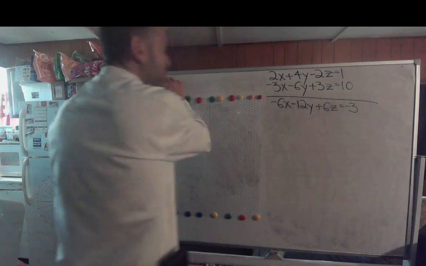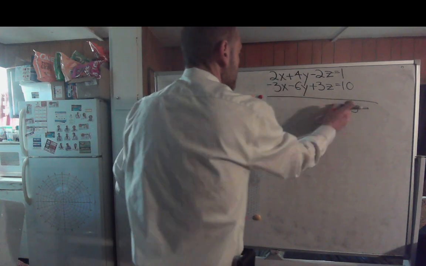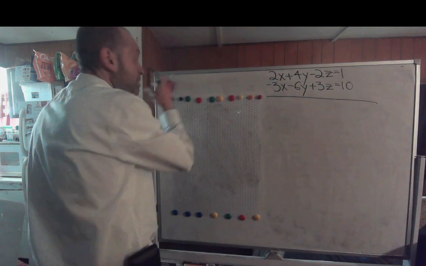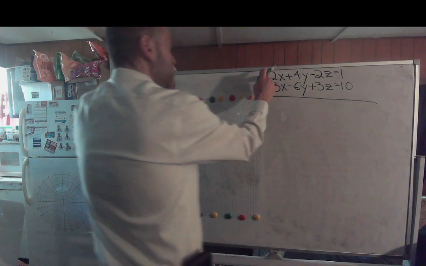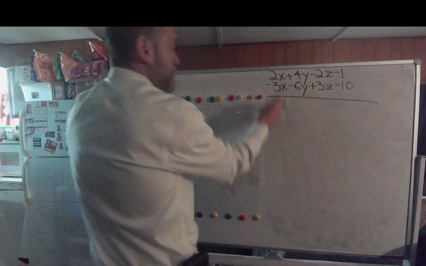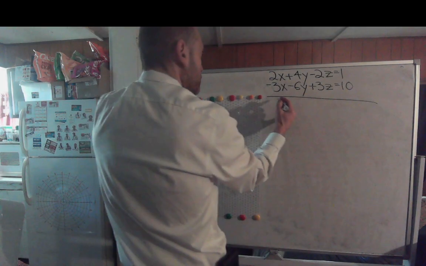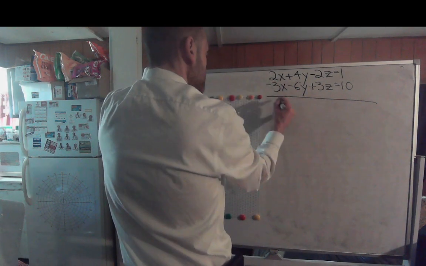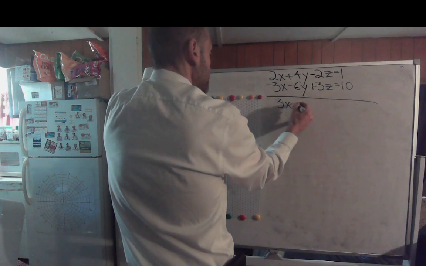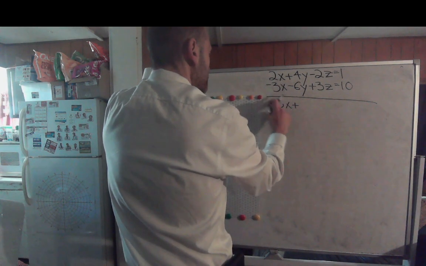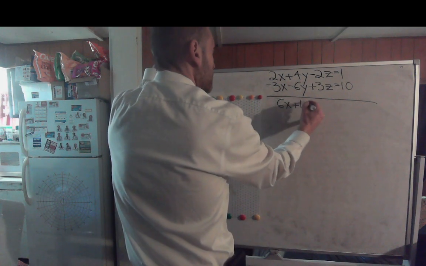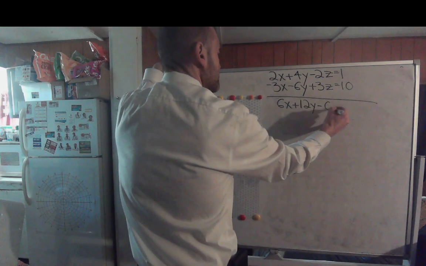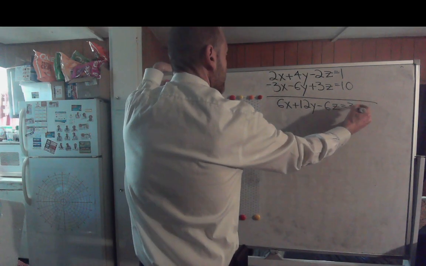You know what? I don't know why I multiplied by a negative in the top. Silly me. I could have just subtracted, but let's multiply the top equation by positive 3, because really I just want to add the two equations together. So positive 3, that would give me 6x plus 12y minus 6z equals 3.